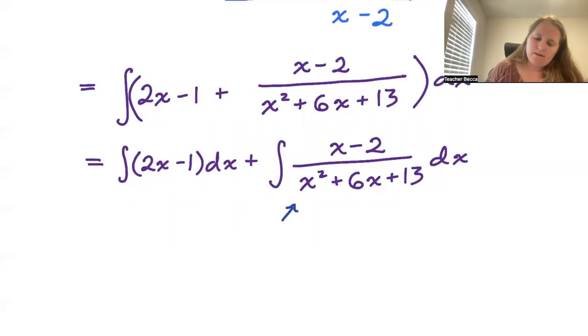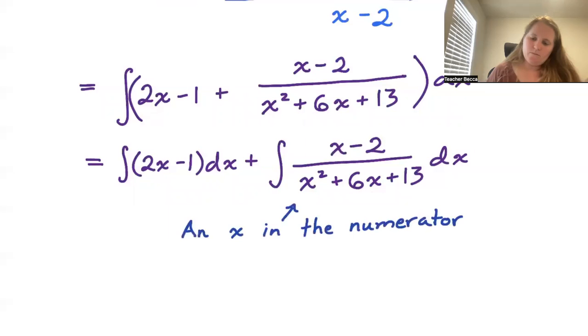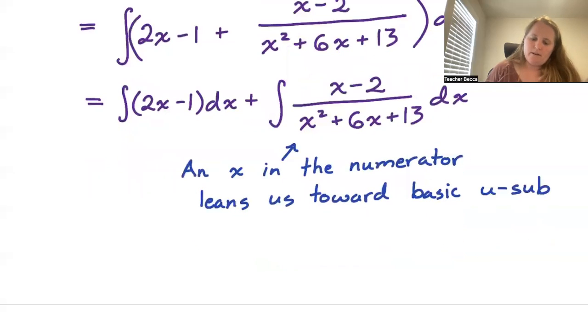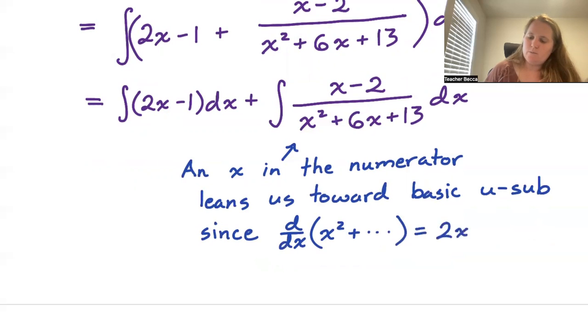So an x in the numerator leans us toward basic u-substitution, since the derivative of x squared plus something will give us 2x plus something.